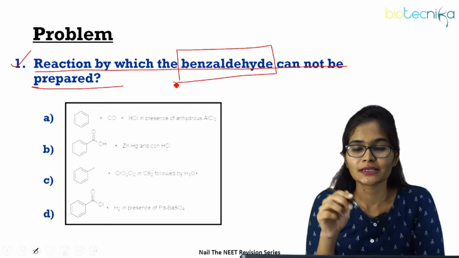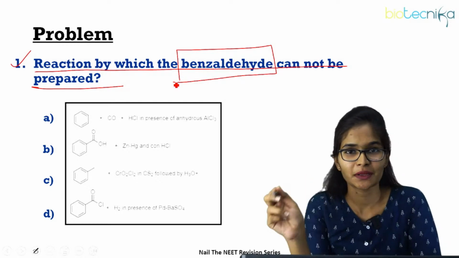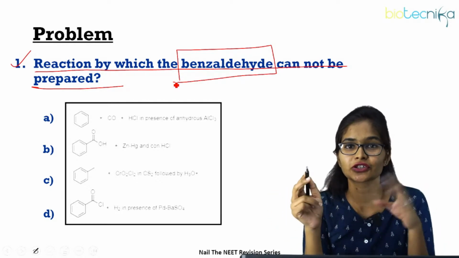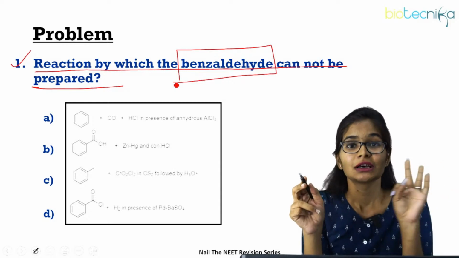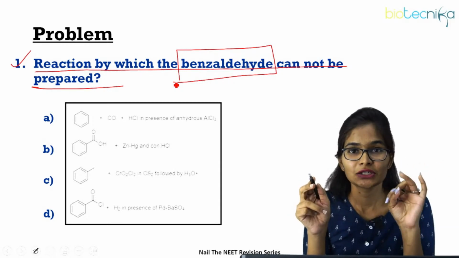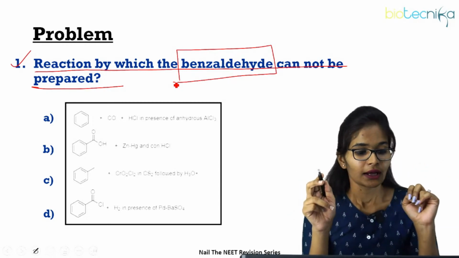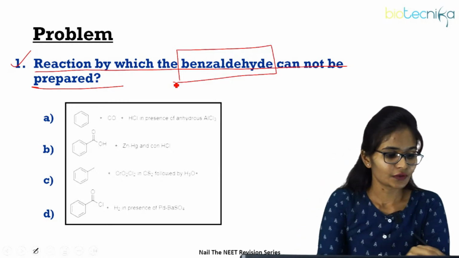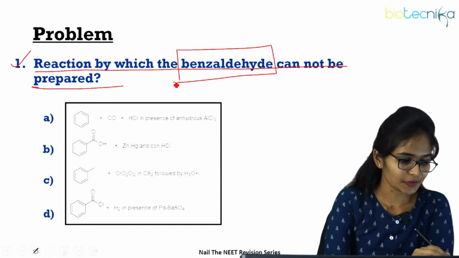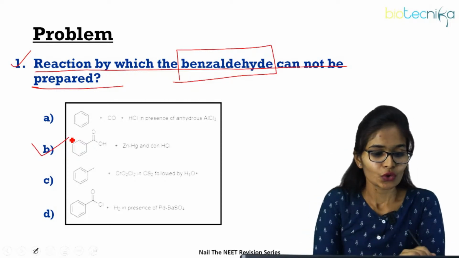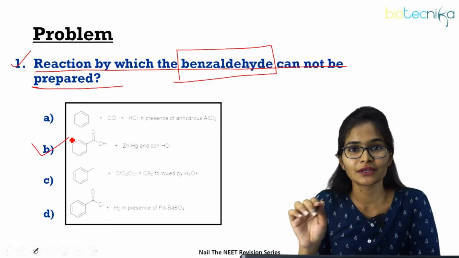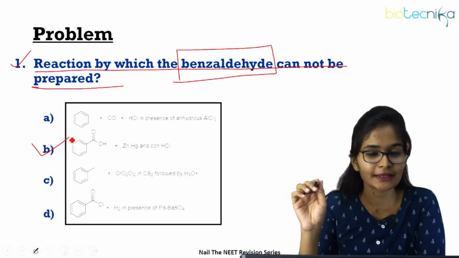Already for benzaldehyde, we know the preparation methods, and there are named reactions: Gattermann-Koch reaction, Etard reaction, Rosenmund reduction, and the Stephen reaction we studied overall. Over here, they have given options A, B, C, D. You can see option B has to be correct, because nowhere in the preparation part have we discussed zinc amalgam in HCl, right?